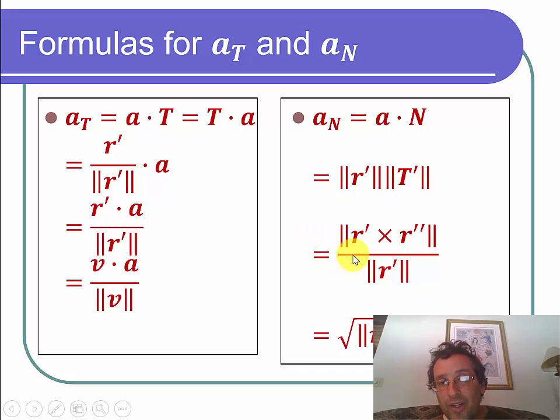Now that also is equal to the magnitude of r prime cross r double prime divided by the magnitude of r prime. That's also equal to the square root of the square of the magnitude of r double prime minus a sub t squared. And that will give us formulas that will help us in finding a sub t and a sub n. And which one do you use? Use whichever is easiest.